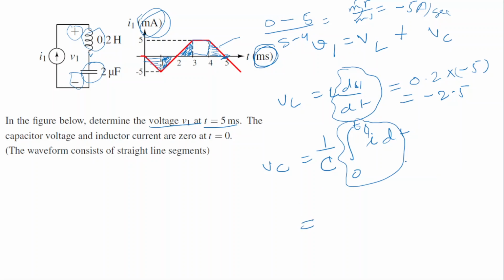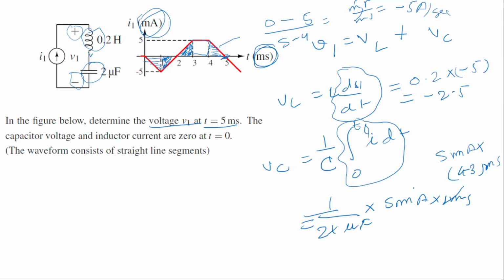So now the integral of i dt will be equal to 5 milliampere multiplied by 4 minus 3 millisecond. Now let's put the values in the equation. So this will be 1 by C, where C is 2 microfarad, times 5 milliampere multiplied by 1 millisecond.